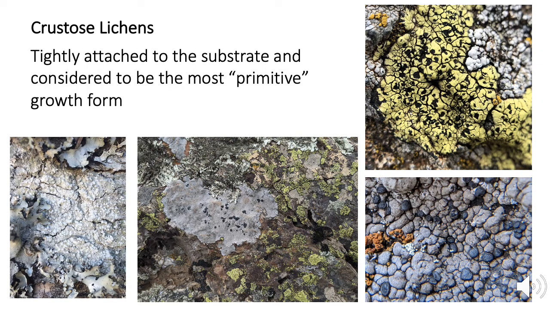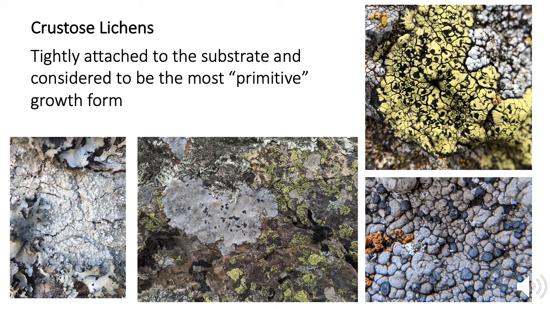So crustose lichens, first up, are hard to collect, hard to study, and hard to identify relative to the other growth forms. But they're also absolutely everywhere, which makes them pretty darn cool. Crustose lichens are very tightly attached to their substrate, sometimes growing into the substrate, and are considered to be the most, quote, primitive growth form.